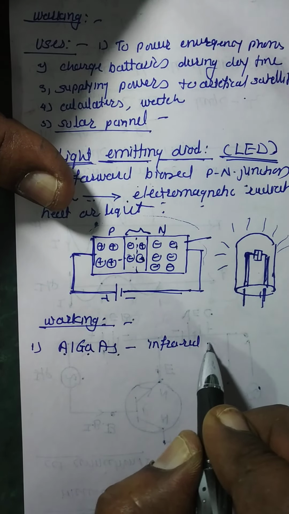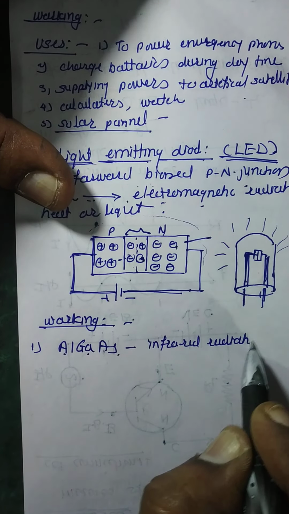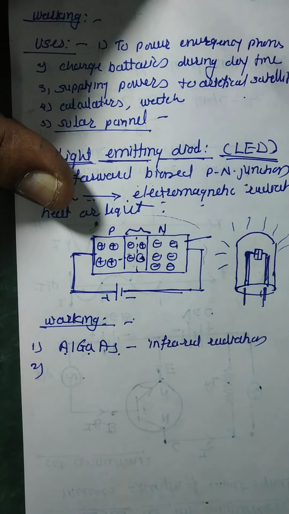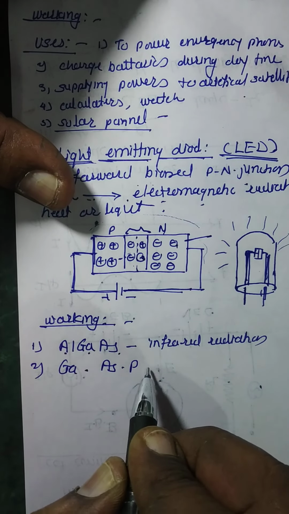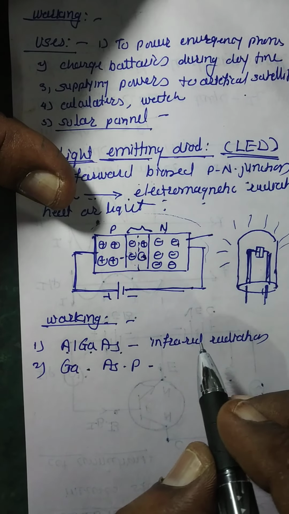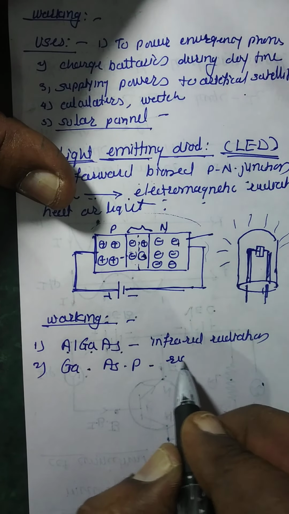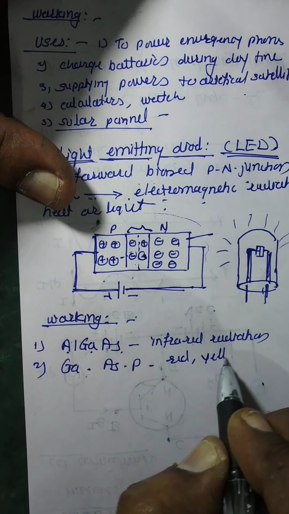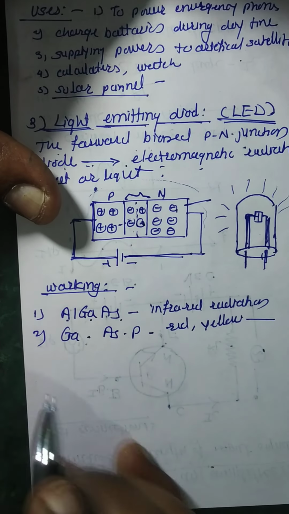When an LED is manufactured using gallium arsenic phosphide, then it emits red and yellow radiations.